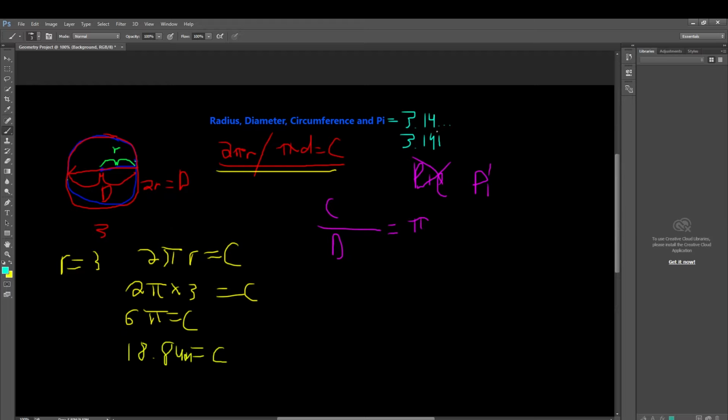That'll be 3.141. Then 3.14159, I'm pretty sure is the order. I could be wrong on the last two. But again, it just keeps going on and on. So most people in Algebra 1, Geometry, and Algebra 2 will typically say 3.14 for pi, or just leave it as pi.